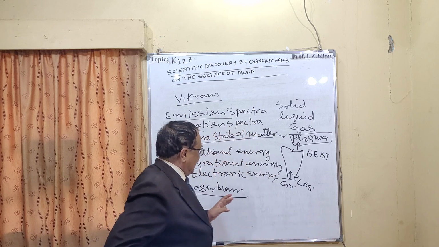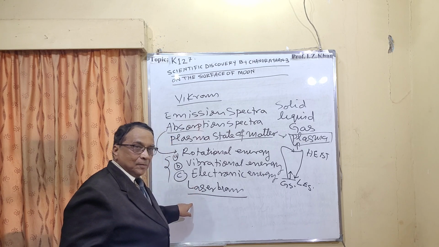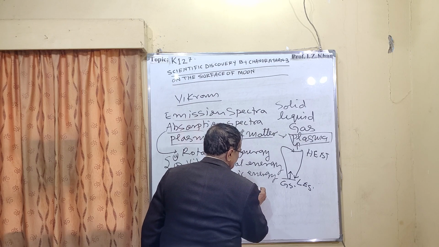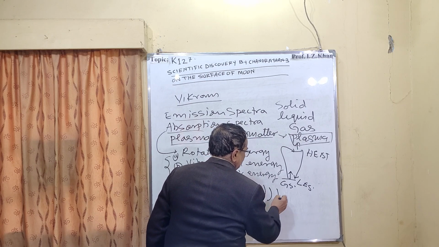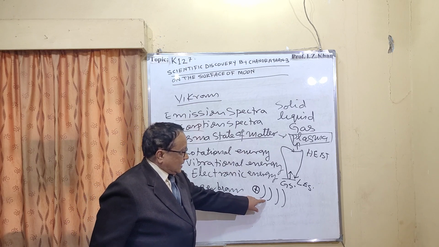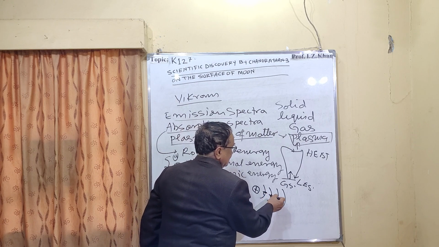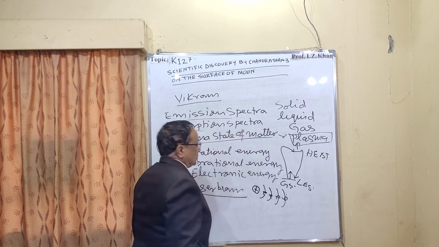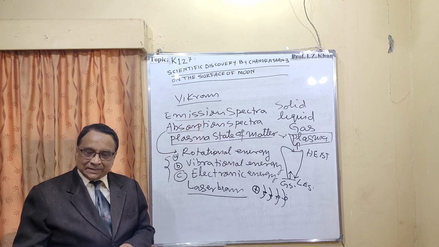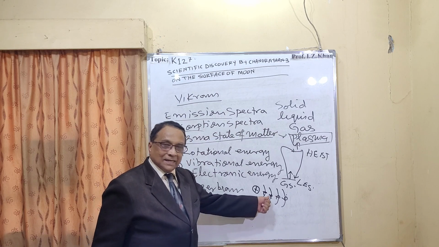So what happened here? Plasma state means, with the help of the laser beam, take this nucleus for example, with first, second, third, fourth orbits, K, L, M, N, and all electrons are here. If you want to convert this atom into plasma state, you have to knock down all the electrons. First you will supply the energy.